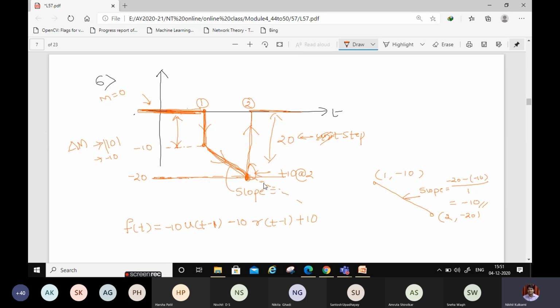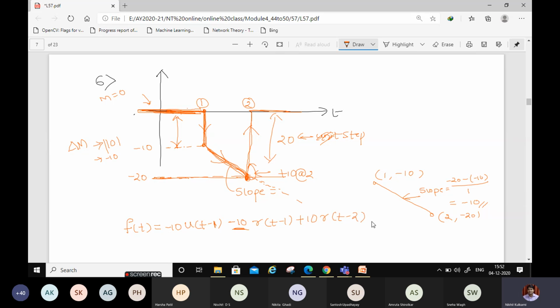Whenever ramp is going continuously, if there is a change in the waveform, you have to stop that. You can observe from the previous problem, the opposite value of the magnitude we used to add here, right?